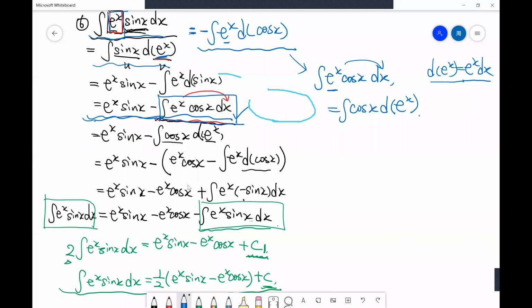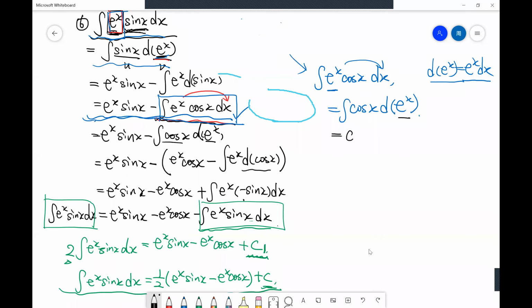So you should follow the same choice, same principle here. So maybe later I will solve it again by choosing e^x as u to show you again. So here, because at first I chose e^x as v, now here I should also choose e^x as v. And then we use the integration by parts again.